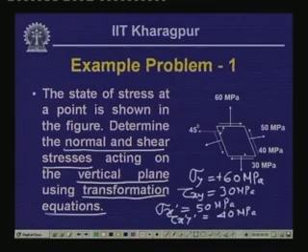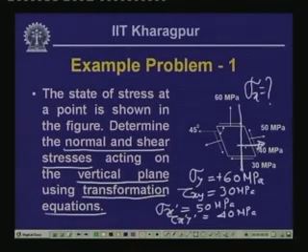We have to compute the value of sigma x acting on the vertical plane, and correspondingly the shearing stress tau. These are the two values we have to evaluate.